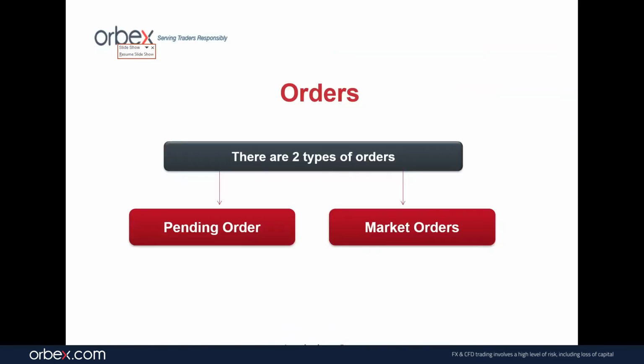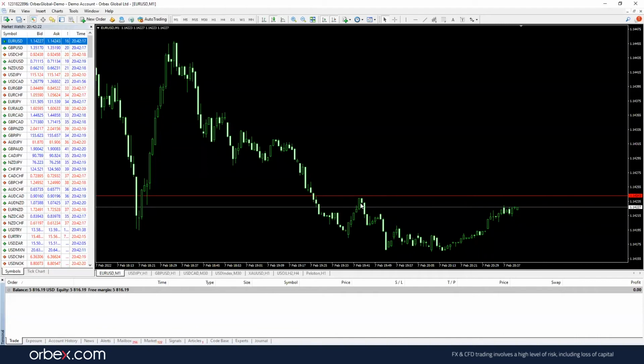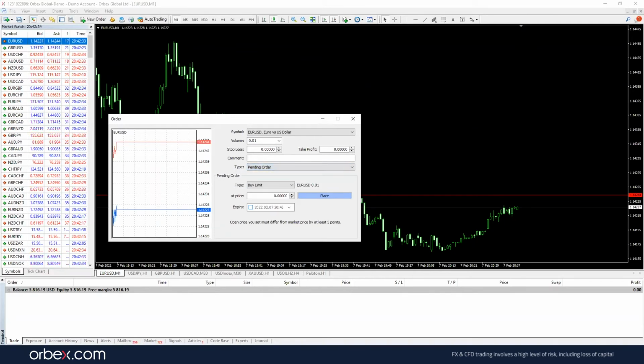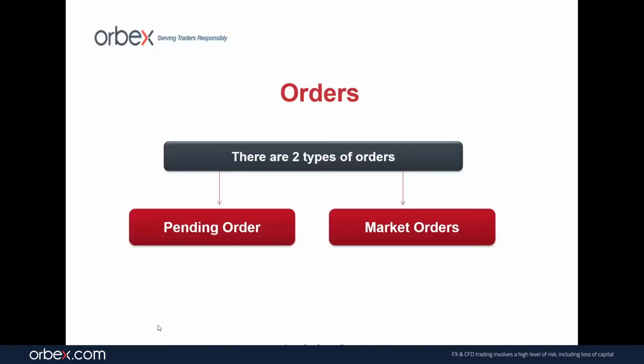Market orders are basically the instant orders. Let's go back to the MT4 platform. When we go in here and open a trade, buy or sell, that's the market order. It's market execution, and the order is opened in the market. If we go to pending orders, we've got four types of pending orders, which I'll just show you.